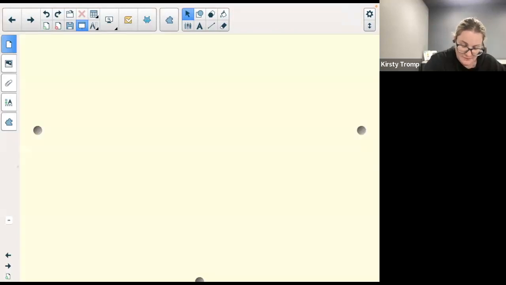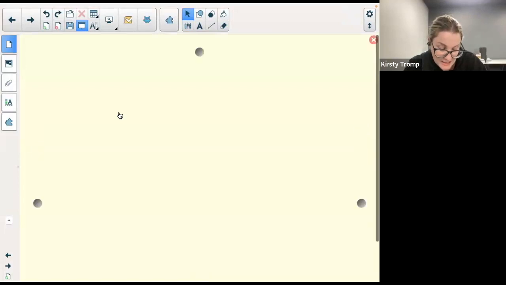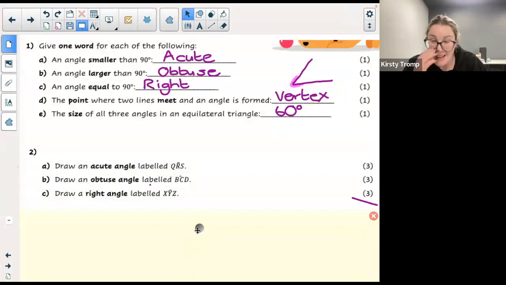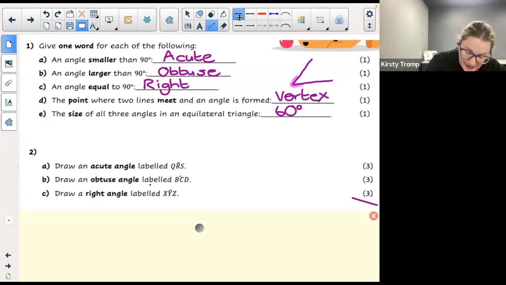So, I could get my protractor out and I could do it that way. Of course I could do it that way. But because they're not telling me what size to make the angle, what could I do instead? I could just take my ruler and my pencil and measure out an acute angle. What do we know about an acute angle, guys?